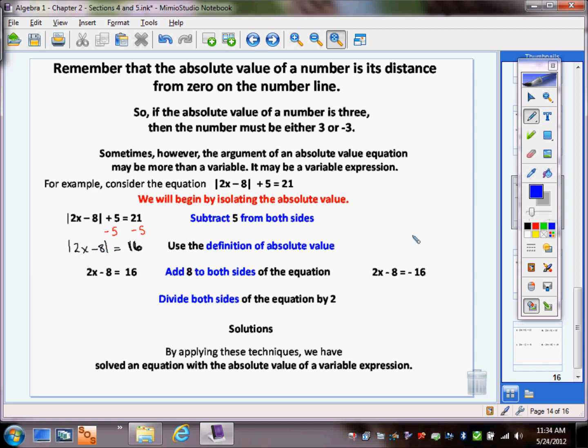So you take this right here, that 2x minus 8, and you set it equal to positive 16 and negative 16. You split it. Then you solve each of these. That's 24, so x is 12.